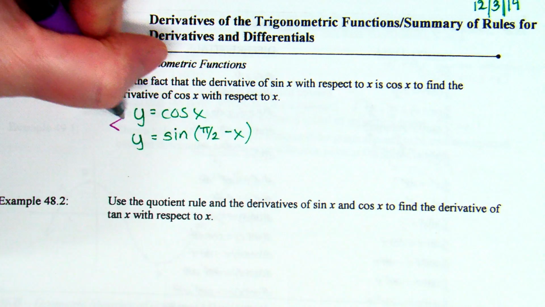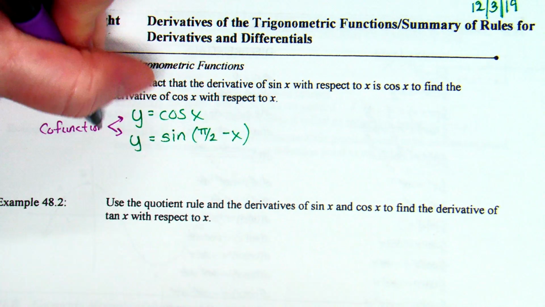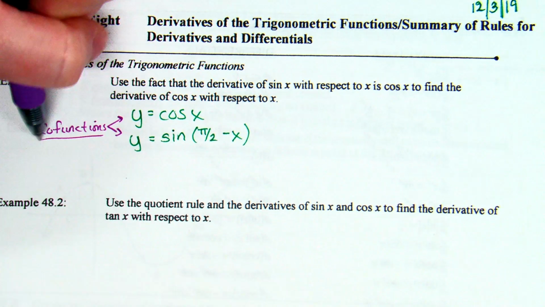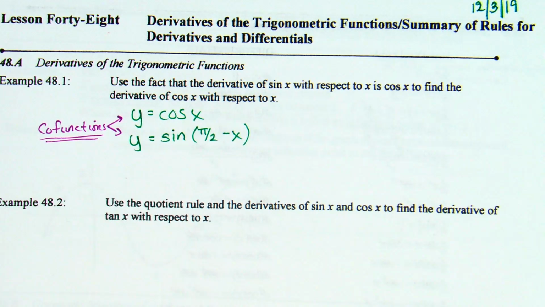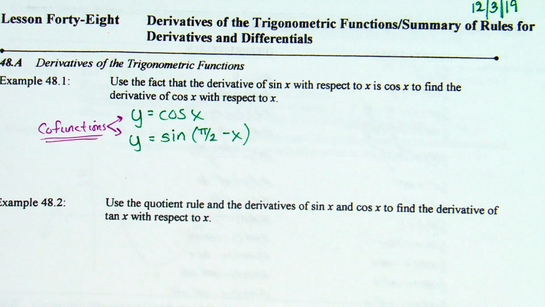You have them somewhere towards the front of your notes, probably within the first 10 lessons. If we don't know the derivative of cosine, but we do know the derivative of sine, then y equals cosine x is the same as y equals sine of pi over 2 minus x.